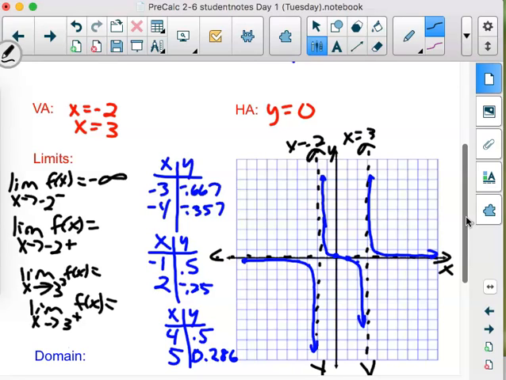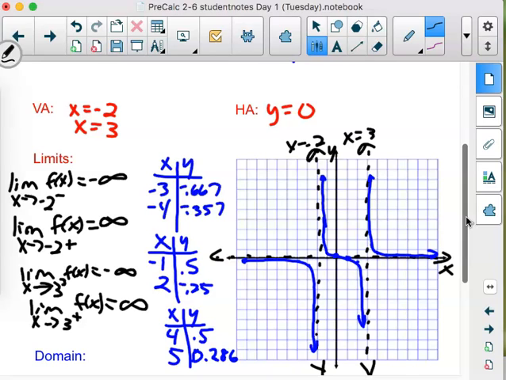Here's where it feels really weird because we usually read left to right, but when we're talking about vertical asymptotes, this is saying as we approach -2 from the right, I am going to be going up, which is infinity. And then the 3 from the left going down. The 3 from the right going up. And so we have our limits for our vertical asymptotes there.